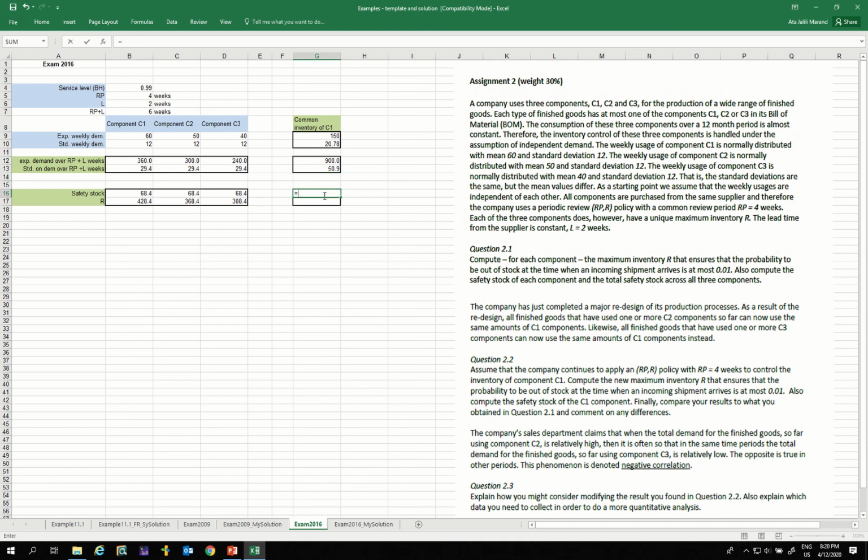Safety stock is equal to safety factor multiplied by sigma Rp plus L, and restocking level is equal to average demand during Rp plus L plus safety stock.